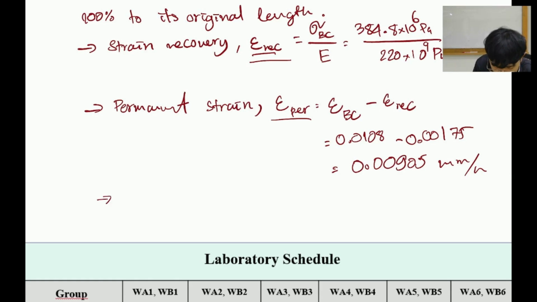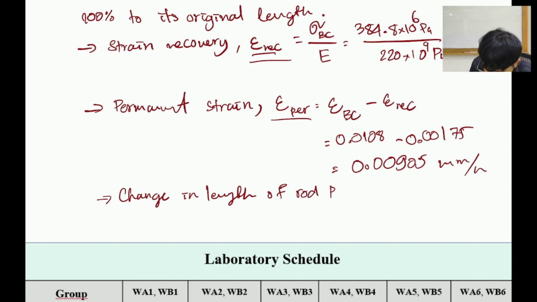So when we know the permanent strain over here, we can just find the change in length of rod BC. So it's going to be L permanent deformation equal to L of BC multiplied with the permanent strain.